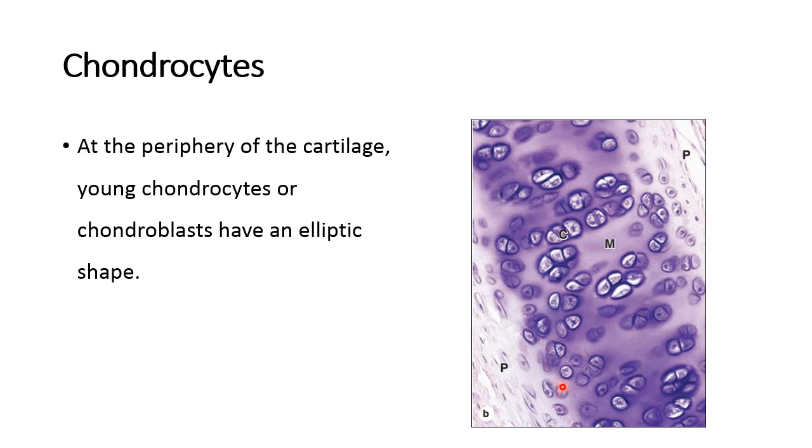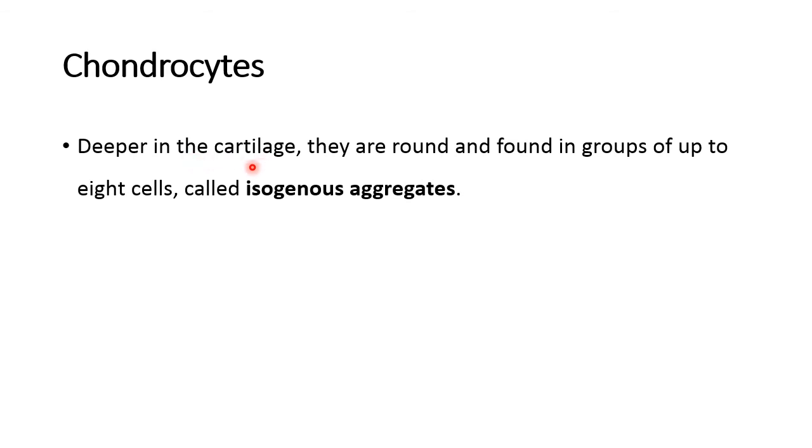شكلها بيضاوي in the periphery, and they are almost isolated. Deeper in the cartilage, they are round and found in groups. يكونوا في شكل مجموعات and aggregates up to 8 cells. ممكن يحصلوا لغاية 8 cells بيكونوا مع بعض.